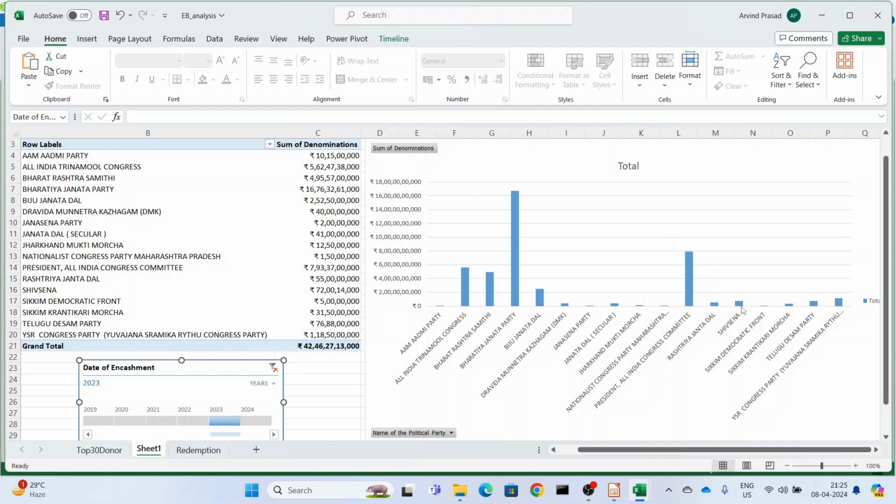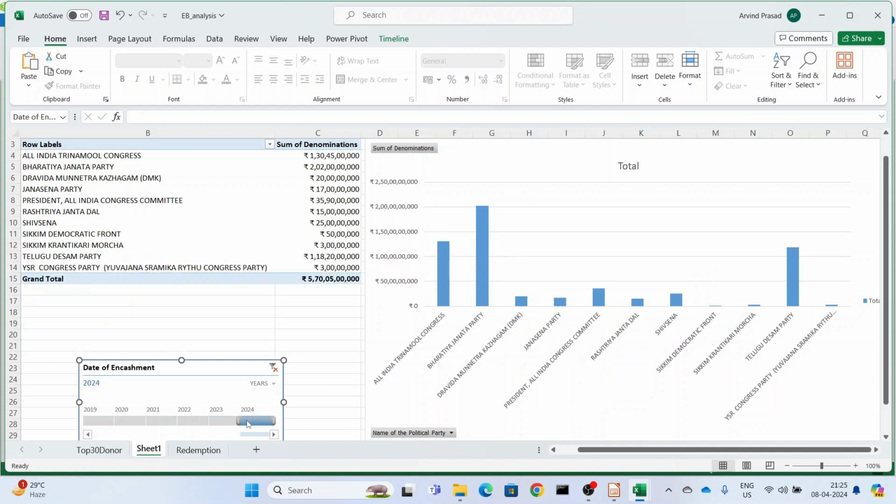The Congress at one point of time got the highest funding. So these are the thoughts which I have shared with you, and I hope you will do some introspection and try and understand.